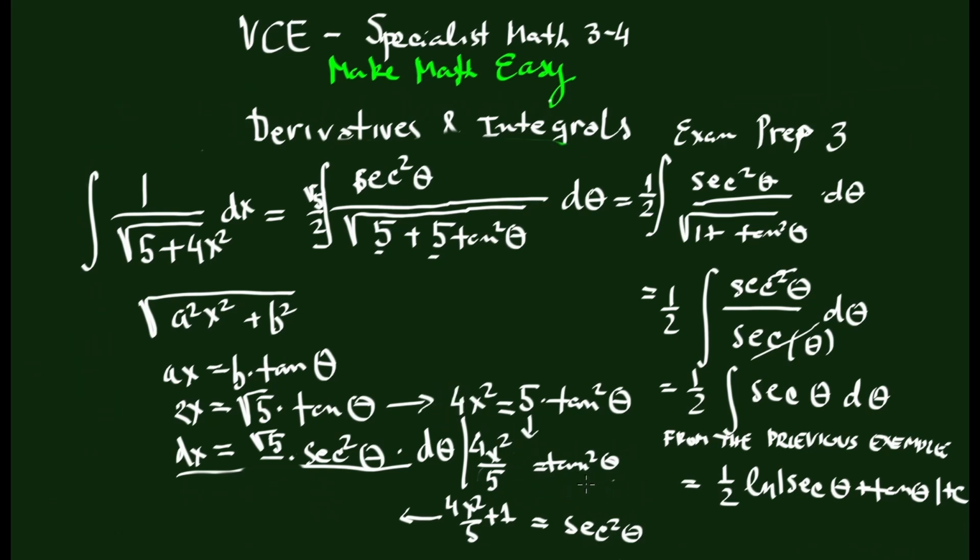So what we got, the secant is equal to the square root of, the common denominator being 5, 5 plus 4x squared, divided by the square root of 5.